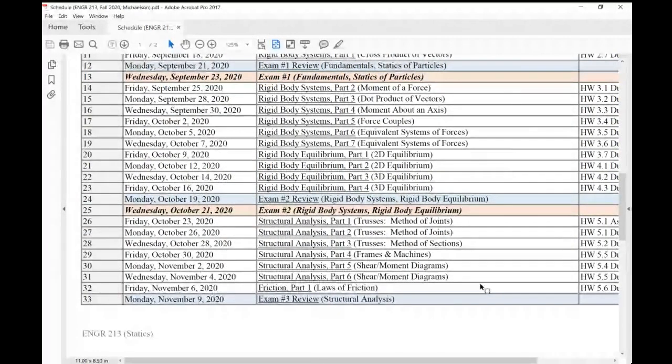We were on schedule. Everything was following the pattern. And then I decided to call a bit of an audible. We were going to cover structural analysis, method of joints and method of sections. But I decided it'd be a better idea to cover centroids first. Centroids can affect shear and moment diagrams.